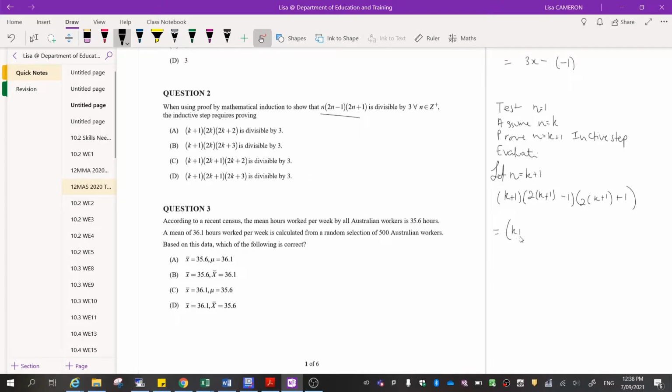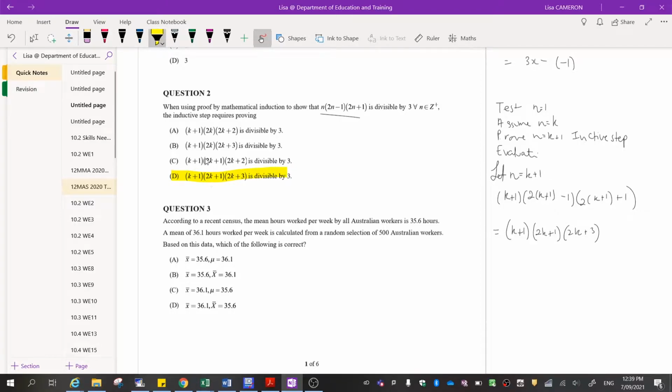Now the first bracket I don't have to do anything with, but these ones I'm going to expand and simplify. So I'll get 2k for the first one, and then 2 times 1 makes 2, minus 1 makes plus 1. 2 times k for the first part, then 2 times 1 will make 2, plus another 1 makes 3. So the one that matches that is D, this one here.